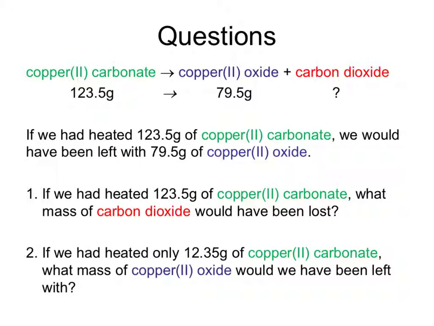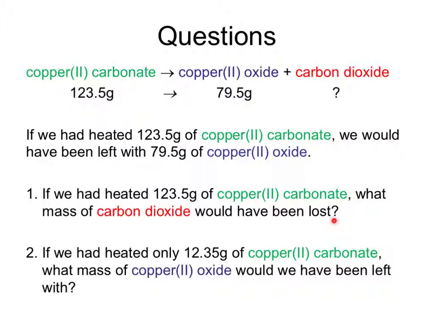Let's put some figures into this. The copper carbonate, which is CuCO3, would break down to copper oxide, which is CuO, and carbon dioxide. And if we had started with one formula mass of copper carbonate, which is 123.5, we would have ended up with 79.5, which is the relative formula mass of copper oxide, and an amount of carbon dioxide. Now, if we'd heated up that amount of copper carbonate, what mass of carbon dioxide would have been lost?